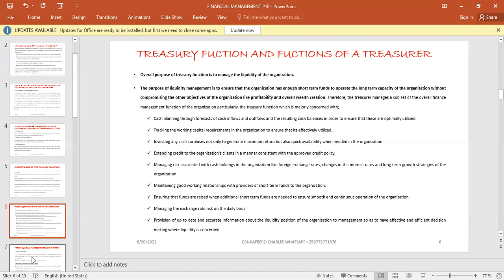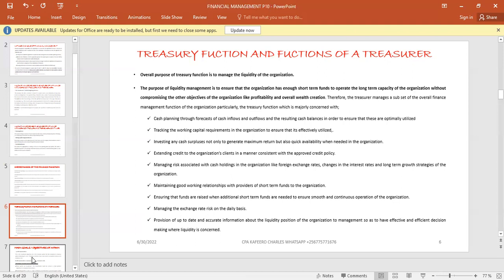It depends which one you've bought, because there are some which take 1 year, 2 years, depending on which one you want to buy, depending on the need at that particular moment. Because if you have some cash and that cash cannot do anything within the organization, you invest it, but you make sure where you're investing that money, you can get it when the organization needs it.